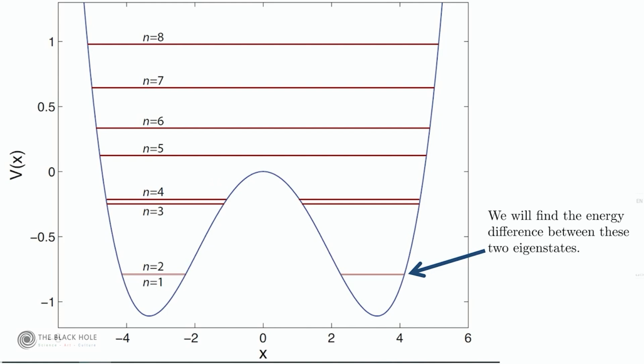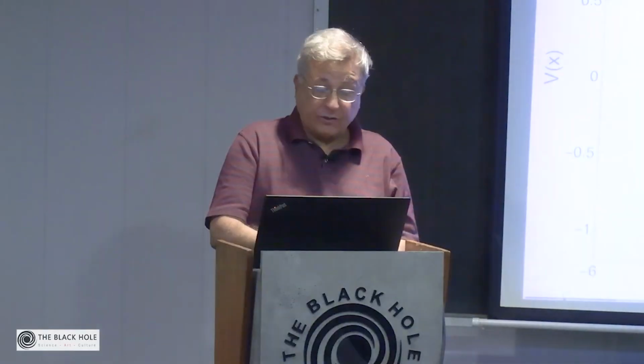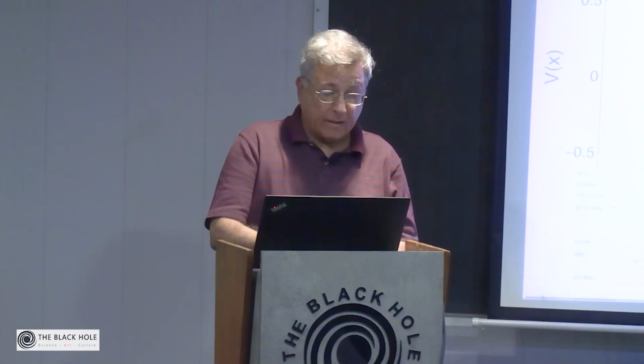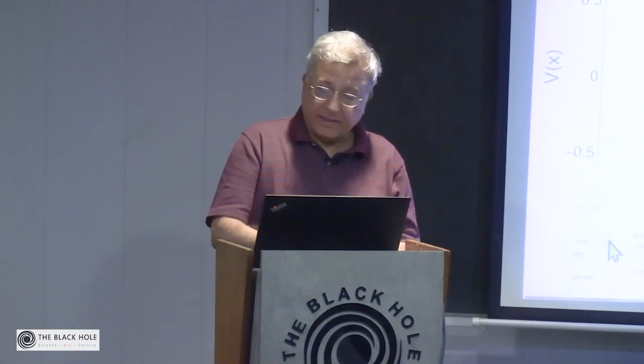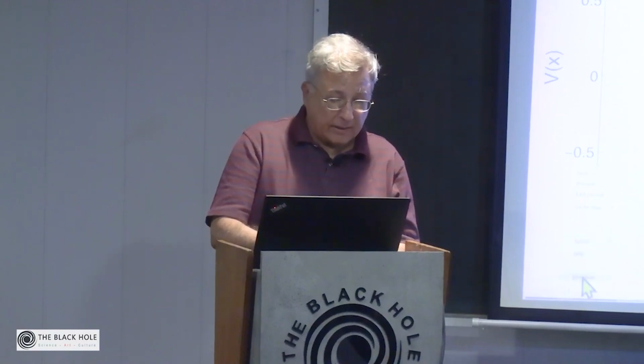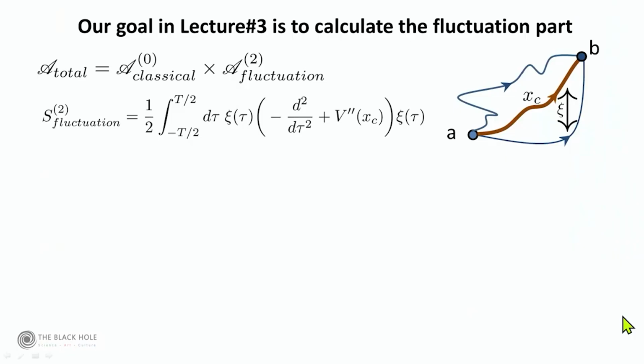And to separate them is not possible in perturbation theory, but it will be possible to actually use our process and to use the path integral method, and we shall indeed do that. Okay, so here is where we are.